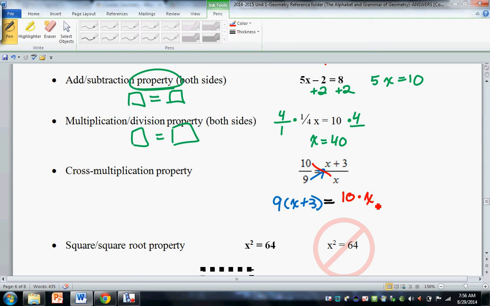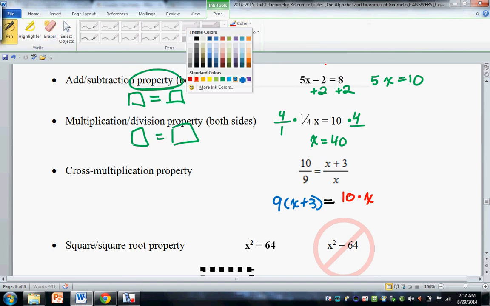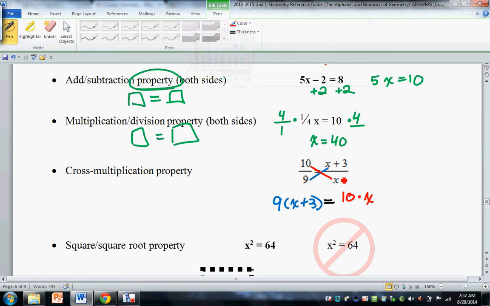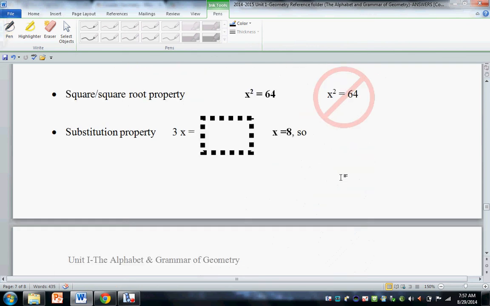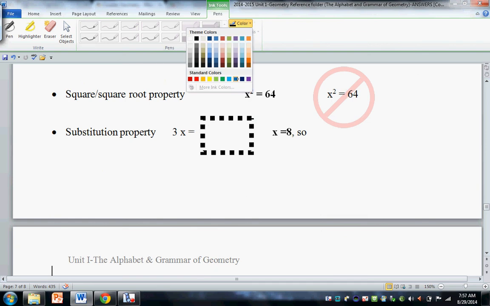If you have a proportion, you can cross multiply. So that's considered the cross multiplication property. When you do cross multiply, please don't distribute in your head. Write it out. Second to last one is the square root or square property.